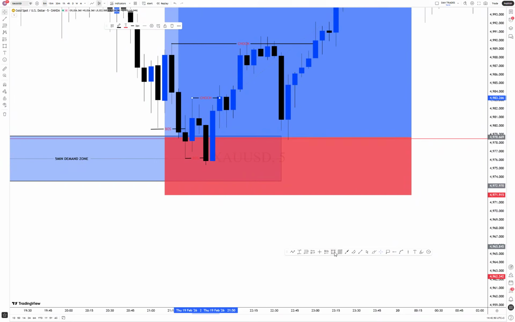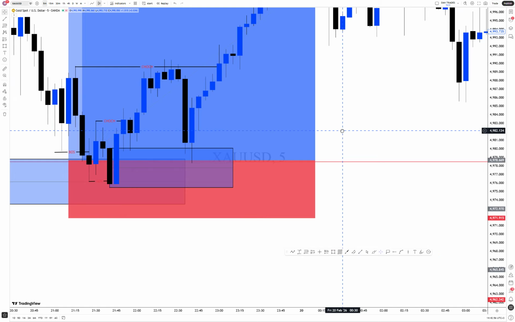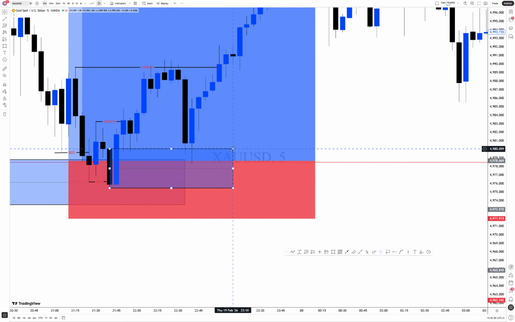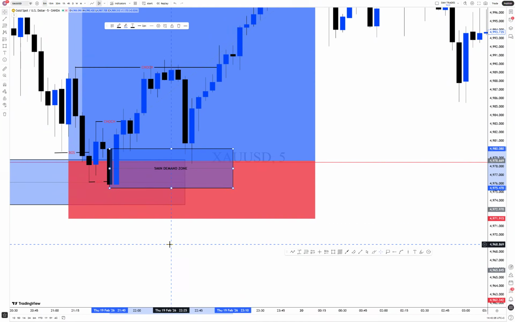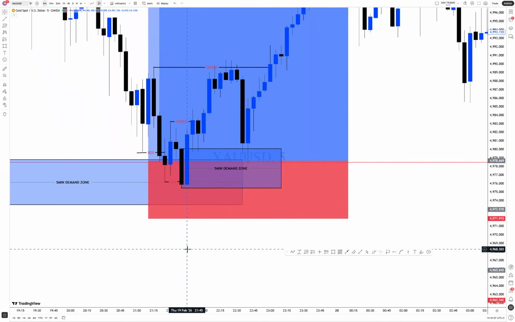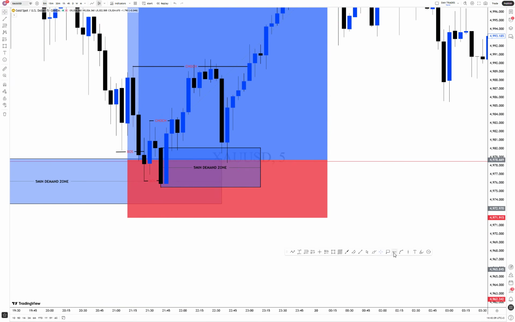And then the other block which led to that change of character is this bearish candle around there, right? So this is the other block which led to that internal change of character. So these are 5 minutes demand zone, right?